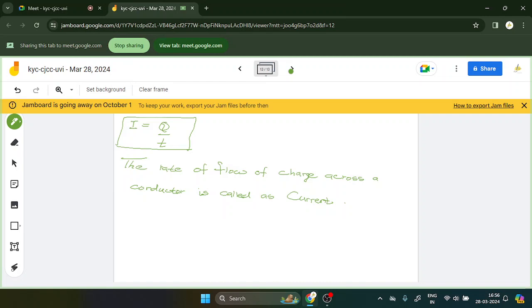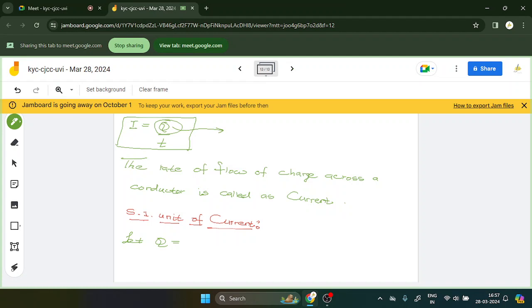Now what will be the SI unit of current? Let us discuss that as well. Let us say Q is 1 coulomb. The SI unit of Q is what?